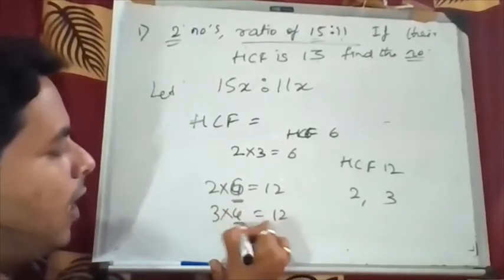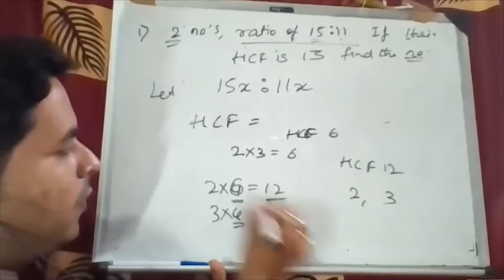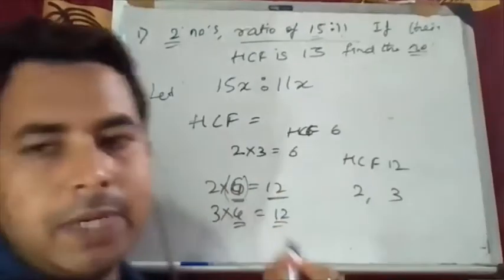So here you always get the HCF as a multiplying factor.